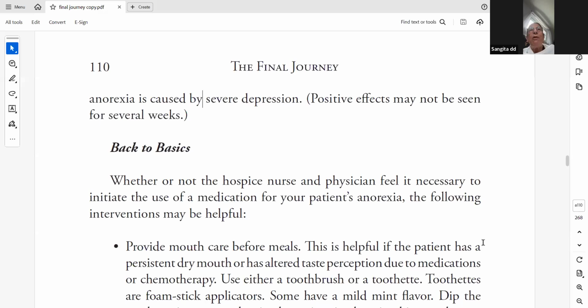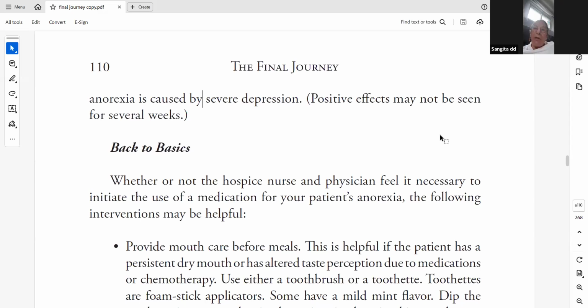Anything that you do, please suggest to the hospice nurse that, when we were trained, these are some ideas that we were given by our hospice nurse.